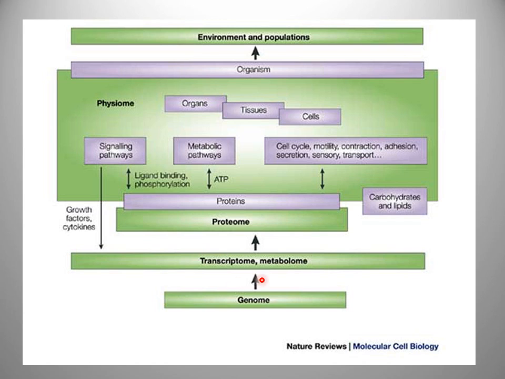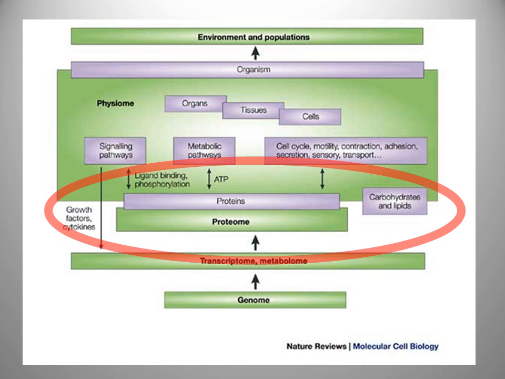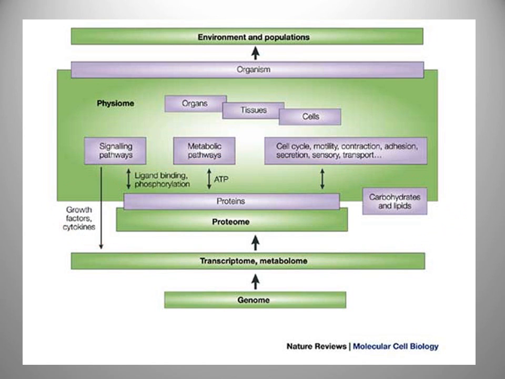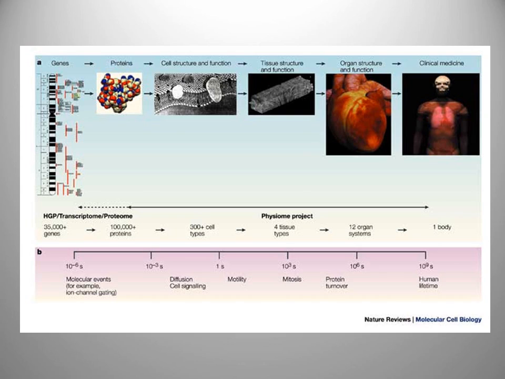So RNA would be right here. We turn most of those RNAs into proteins, and then the proteins do most of the work, maybe with the help of carbohydrates and lipids over here for structure. Okay, but we're acting at this level today. Just another figure. I'll breeze on past this, but just to show you again where proteins are involved, why we think they're so important.